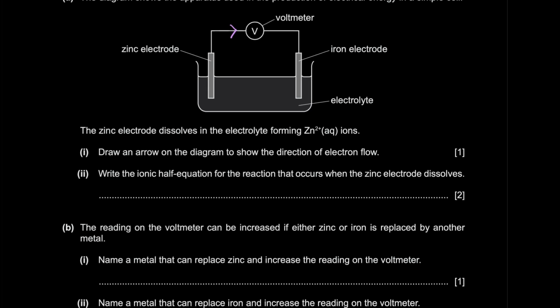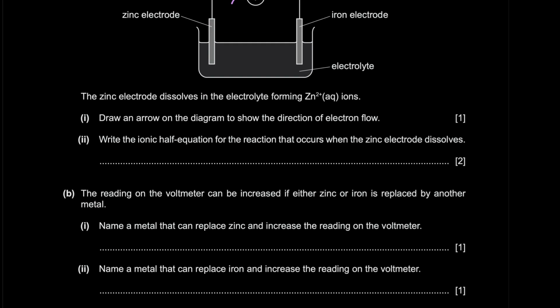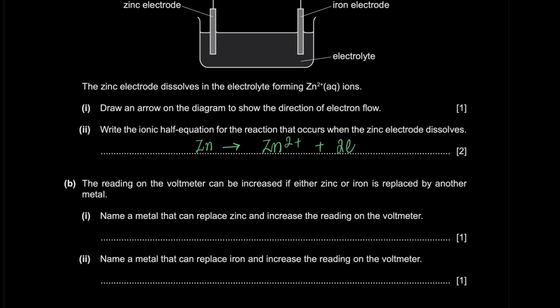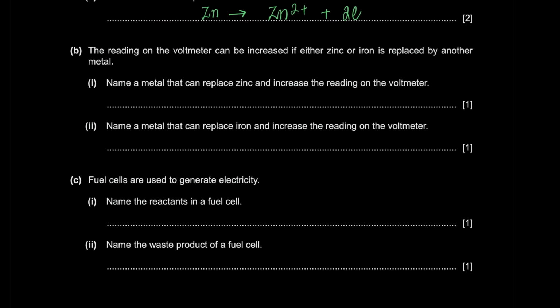So far, so good. Write an ionic half equation for the reaction. So zinc is turning into zinc 2 plus, and it does that by giving out 2 electrons. The reading on the voltmeter can be increased if either zinc or iron is replaced by another metal.